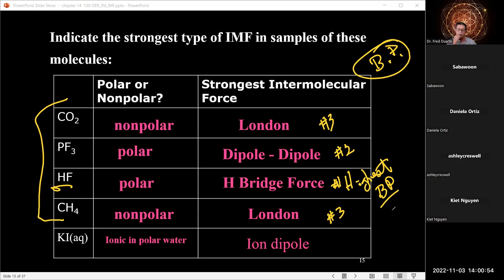But if we didn't know that, we can make that prediction: HF having the highest boiling point, followed by PF3, and then carbon dioxide and methane, which have the lowest of the four here. Okay.